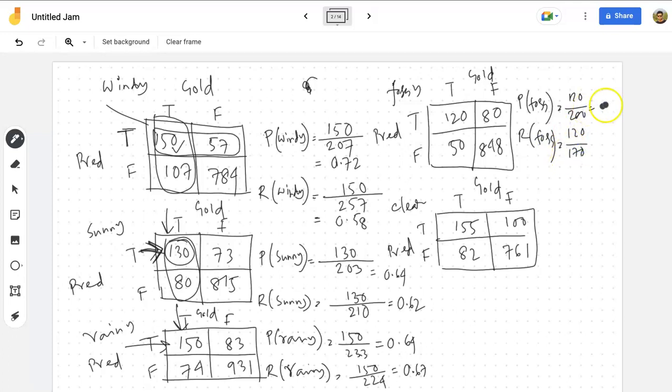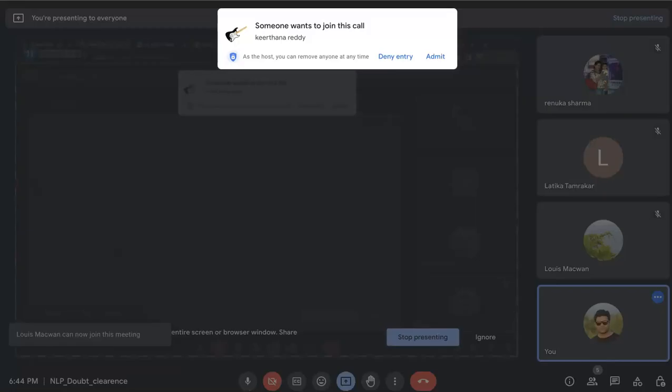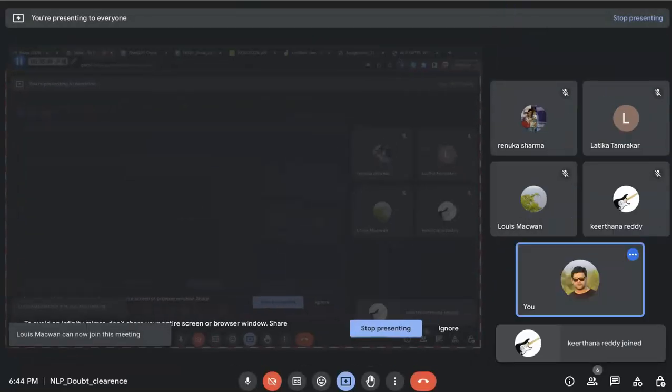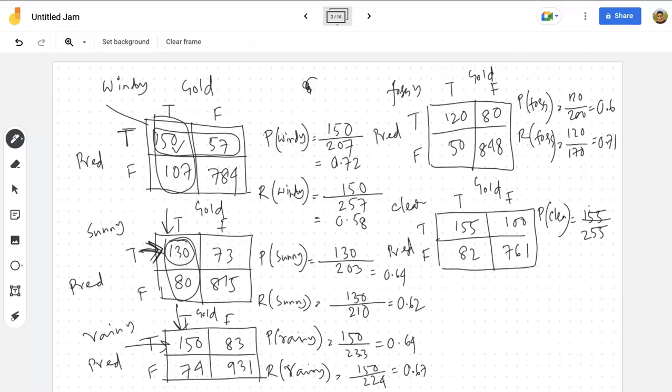So it will be 0.6 and 0.71. Similarly, precision for clear is 155 by 255. Sorry, it is 155 by 255, and recall.